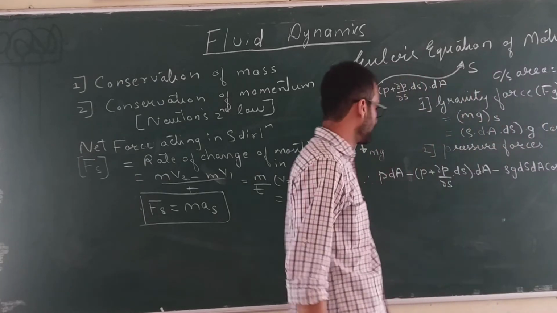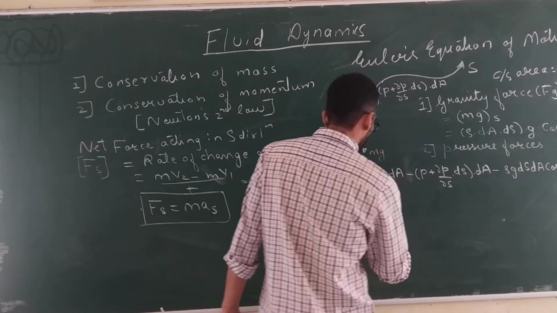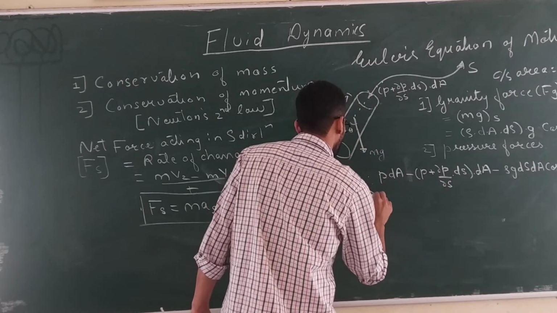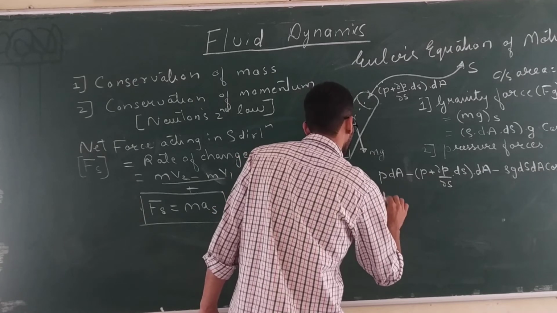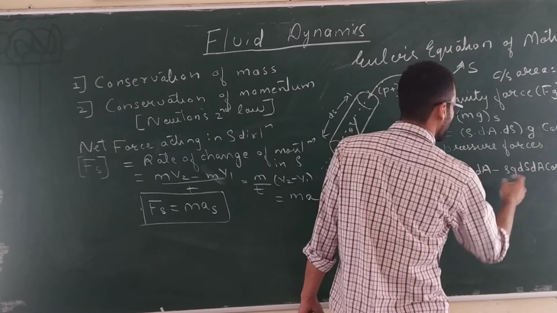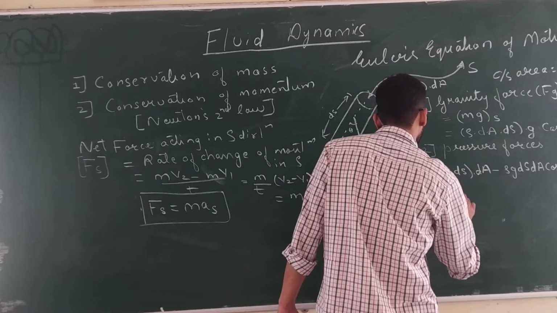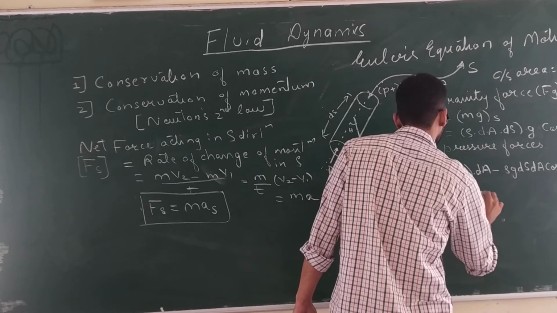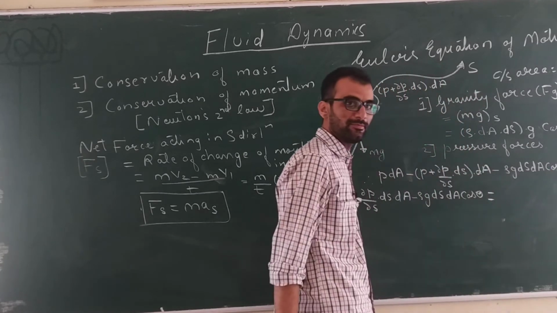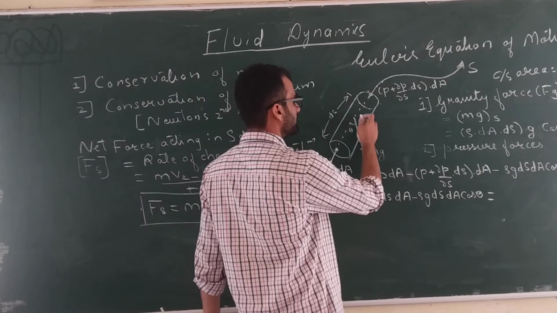Now we will try to simplify this. P dA will get cancelled. Finally what will be remaining? Minus del p by del s into ds into dA, and here minus rho g ds dA cos theta, equal to m into, now what is m? m is the mass of this cylindrical element. It will be mass density into volume.